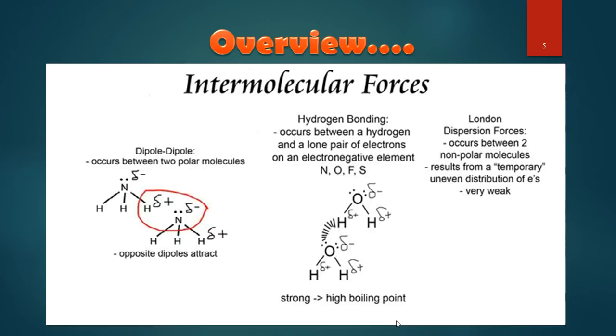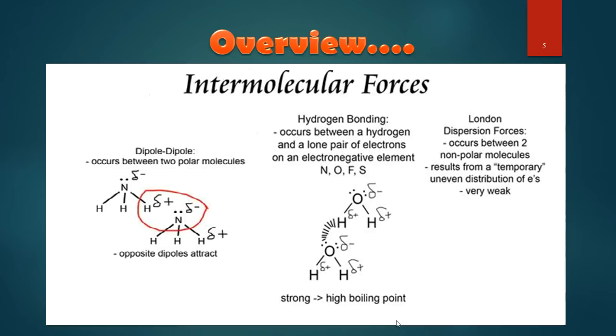Looking at hydrogen bonding, later on you can see another slide that discusses it. It occurs between a hydrogen at the positive end and a lone pair of electrons on an electronegative element such as nitrogen, oxygen, fluorine, and sulfur.